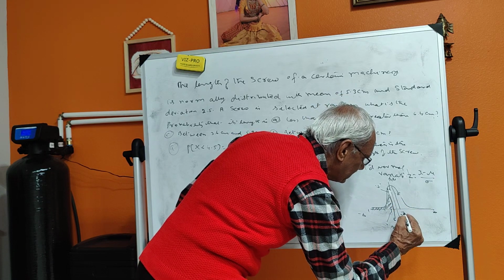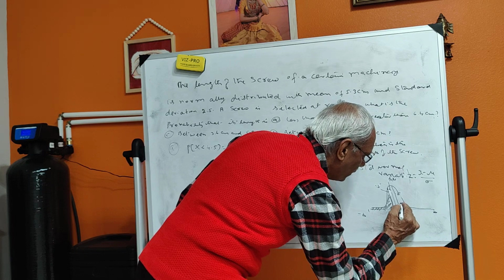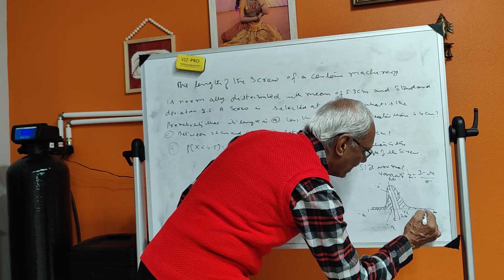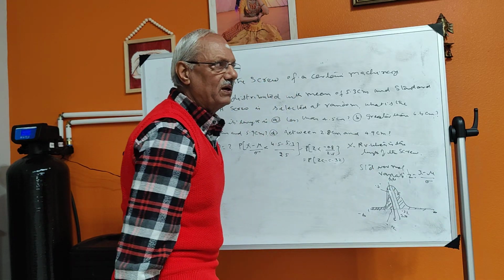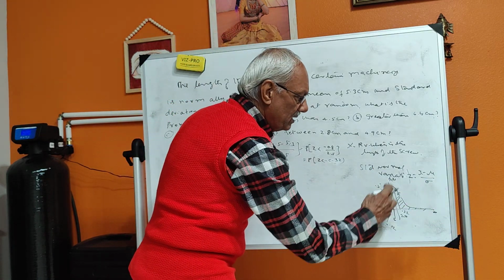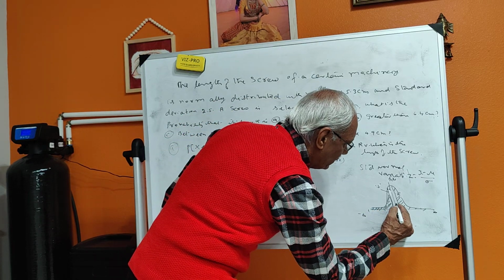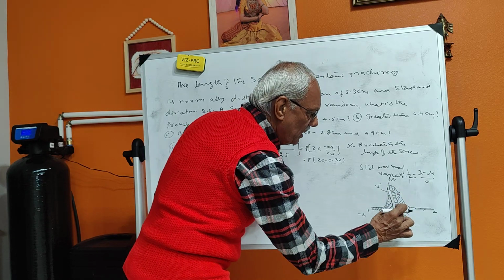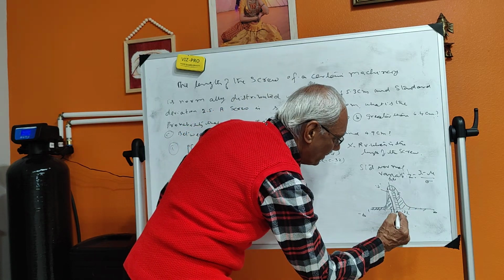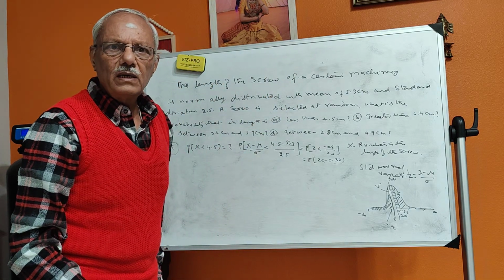This is plus 0.32, and we want all the area lying to the right. So instead of finding here, I can find it on the right hand side. The whole area on the right hand side is 0.5 and up to this is 0.32. So from 0.5 you subtract the area from 0 to this, and you will get the required probability.